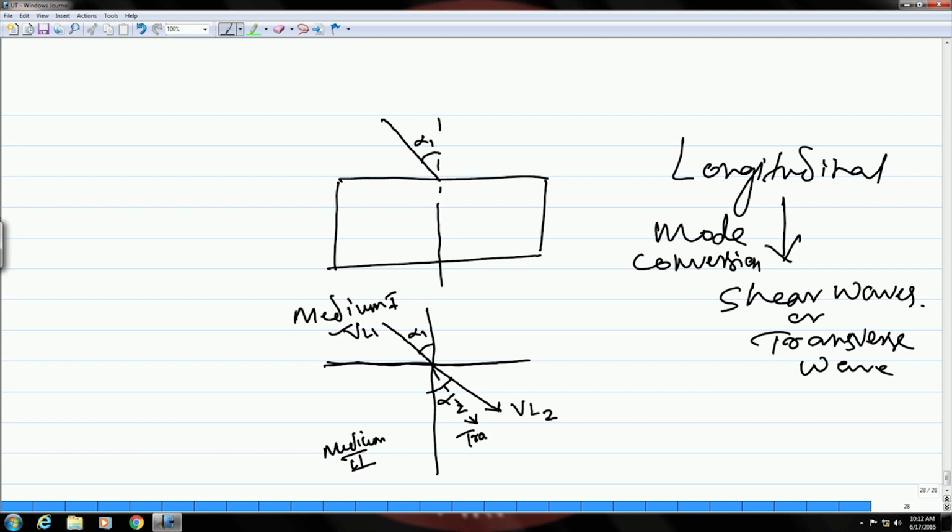So, this is the transverse wave due to mode conversion. This is the longitudinal wave transmitted into the second medium. And this one is the transmitted transverse wave. Okay.